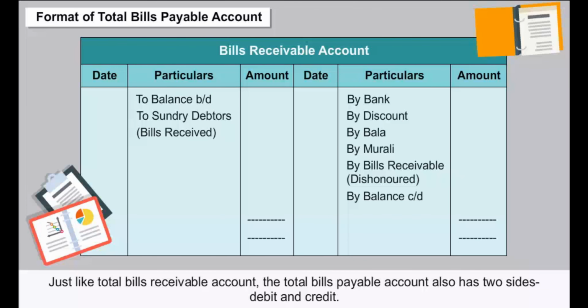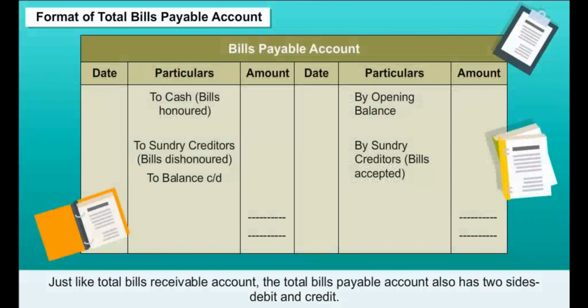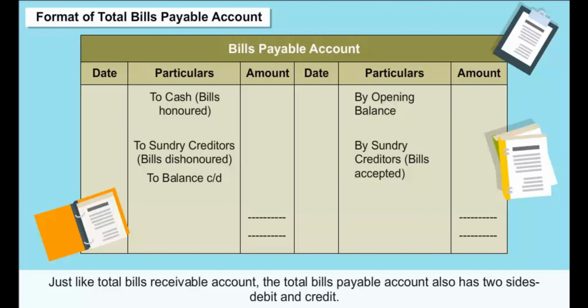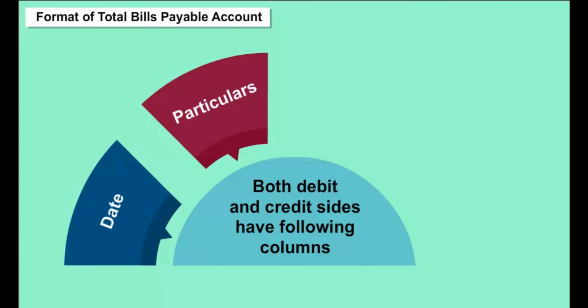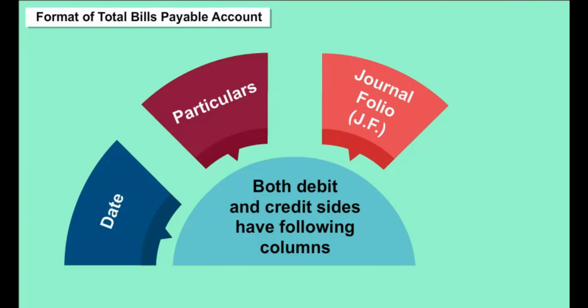Just like total bills receivable account, the total bills payable account also has two sides, debit and credit. Both debit and credit sides have following columns: date, particulars, journal folio or JF, amount.